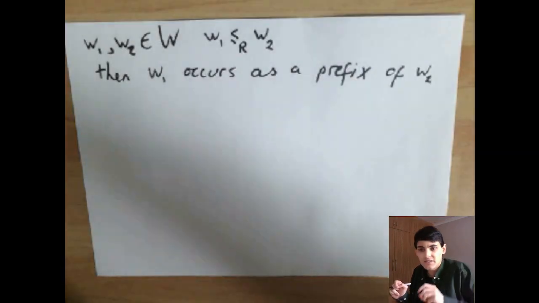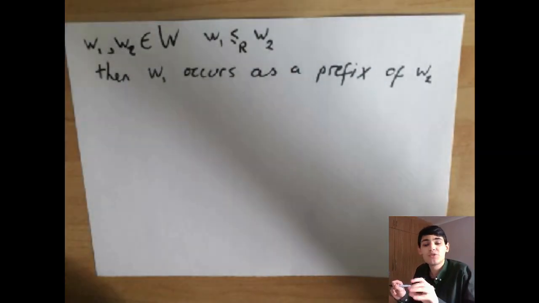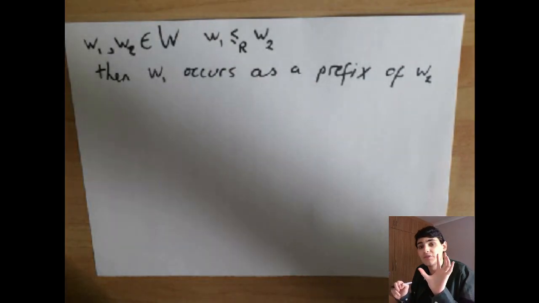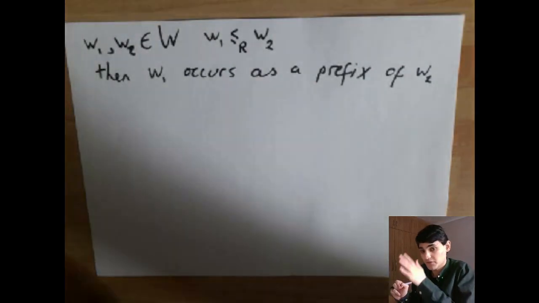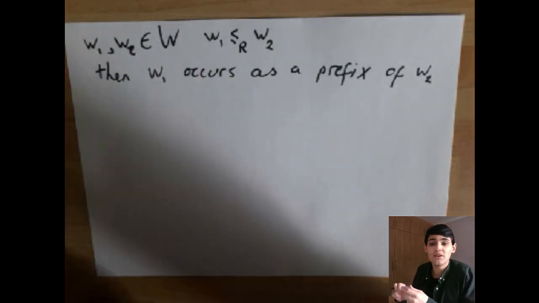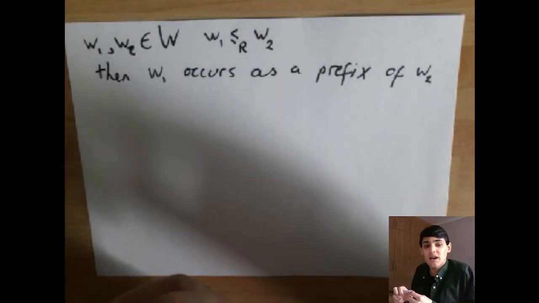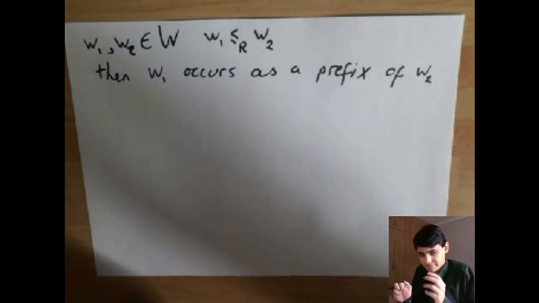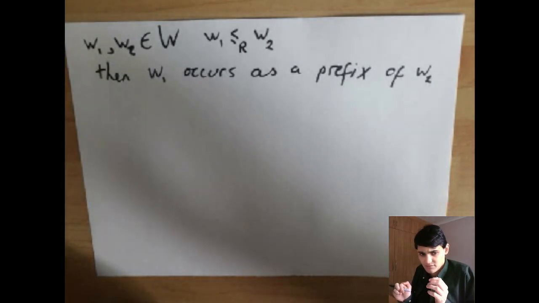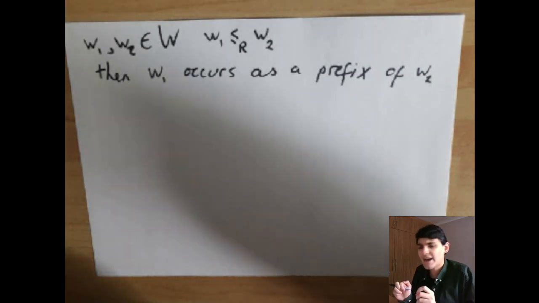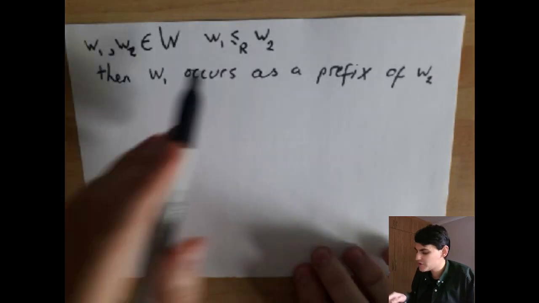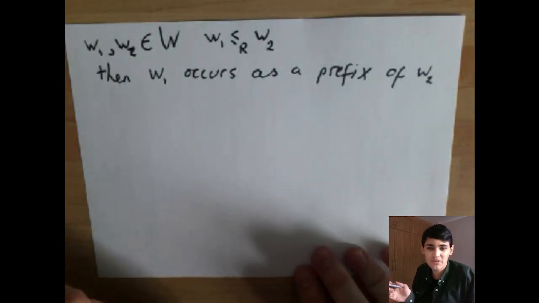And I believe that for the left weak order there is a similar property, but I think it refers to suffixes, so the end bit of the word. I suppose we could call this the prefix property.